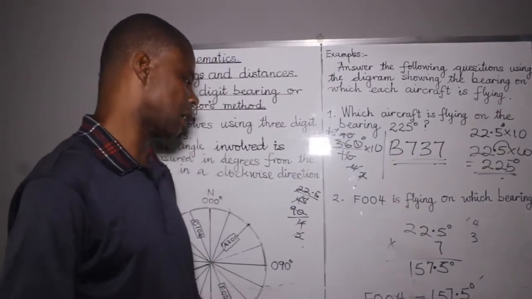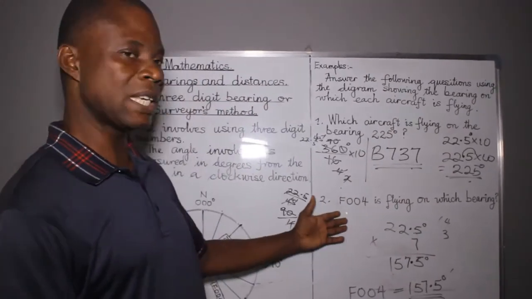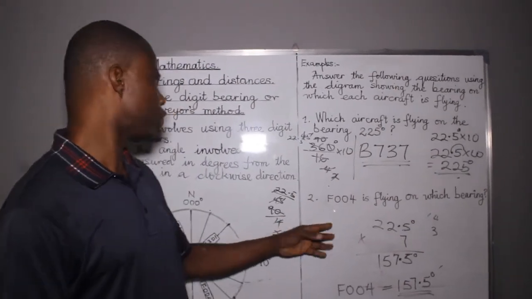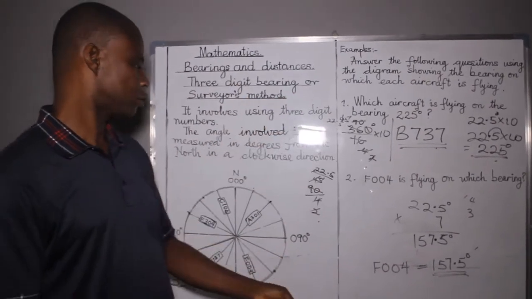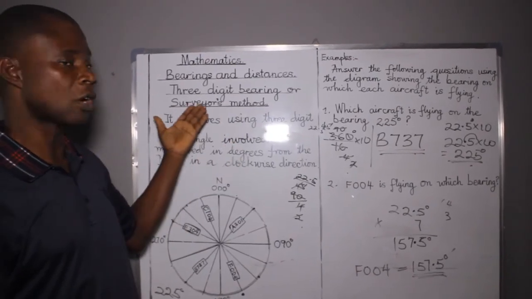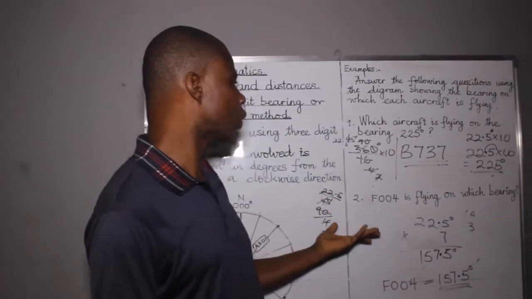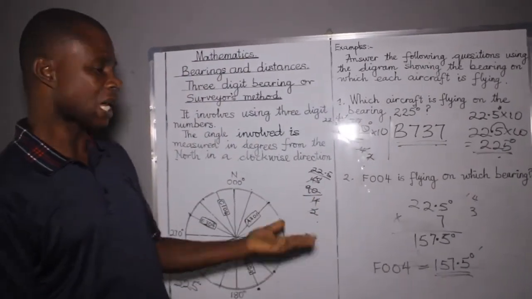So the answer is 157.5 degrees. With this, we've come to the end of using the 3 digits method of bearing to solve questions, or the Surveyors method in solving questions. So you use the same way in solving similar questions.